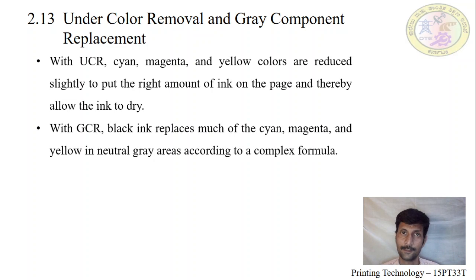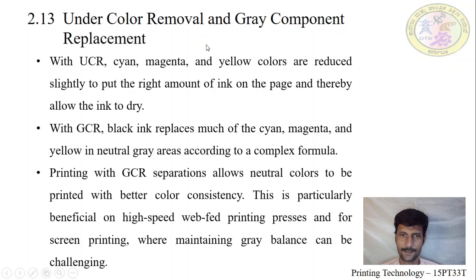Gray component replacement is a replacement. Instead of putting more cyan, magenta, yellow ink, we add black or gray on neutral areas according to the complex ink formula to replace the cyan, magenta, yellow. If it is more, then we can replace it with a neutral gray or black.